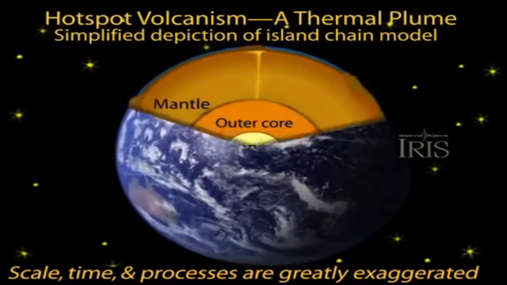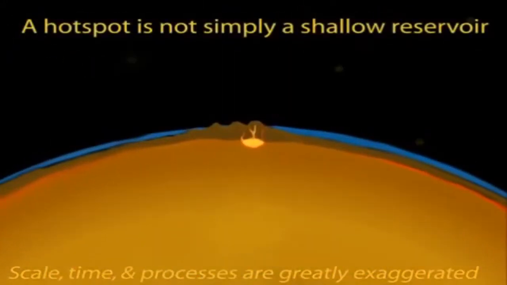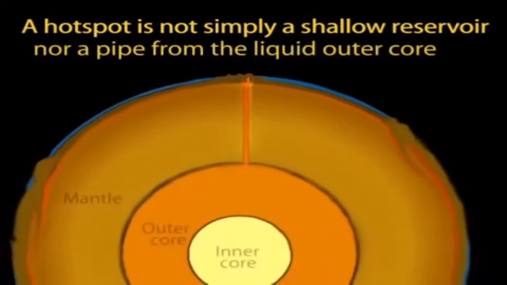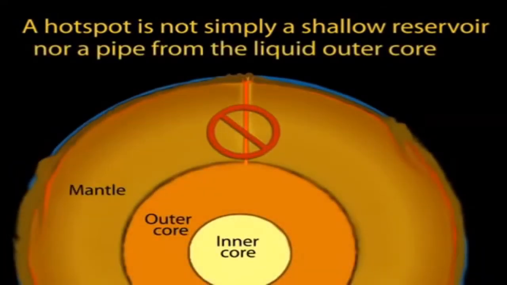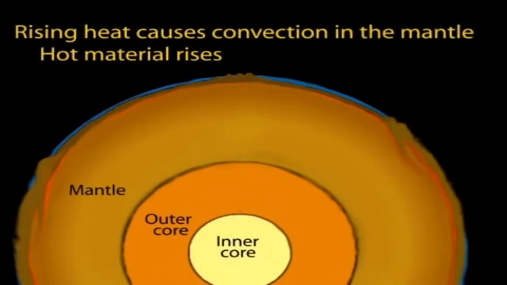A hotspot is a localized source of high heat energy that sustains volcanism. It is not an isolated shallow magma reservoir beneath the crust, nor is it a pipe of magma that streams from the outer core. One theory holds that hotspots may begin as a blowtorch-like thermal perturbation in a zone between the liquid outer core and overlying mantle about 2,900 kilometers deep.